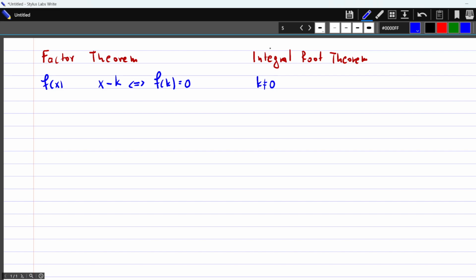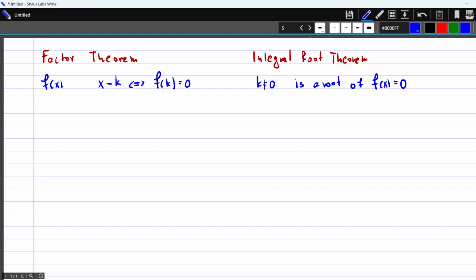I say that again. For a polynomial with integer coefficients, if a number k different than 0 is a root of f of x equals 0, then this k is a divisor of the constant term of f of x.